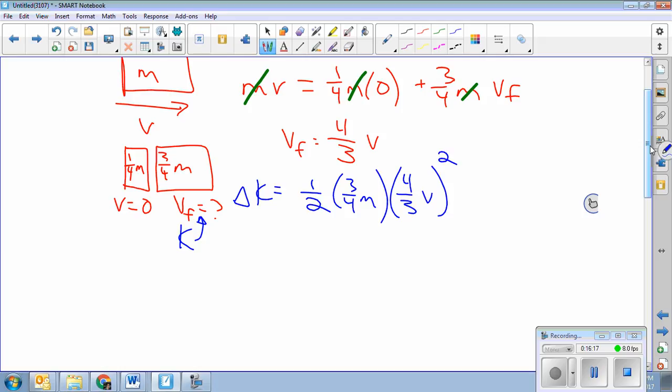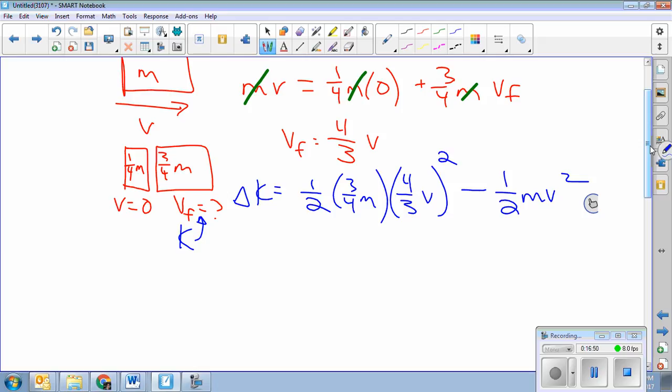Is everybody good with the final before I subtract out the initial? Minus the initial, exactly. So now we've got to subtract out the initial. My initial is just 1/2 mv squared, right? Yes, the full mass and the full velocity. Good.